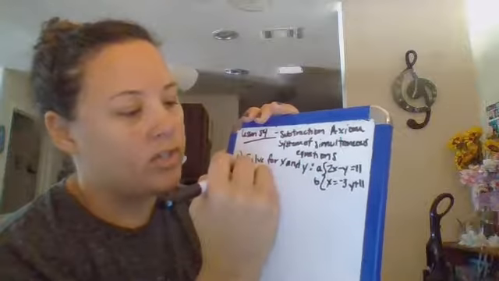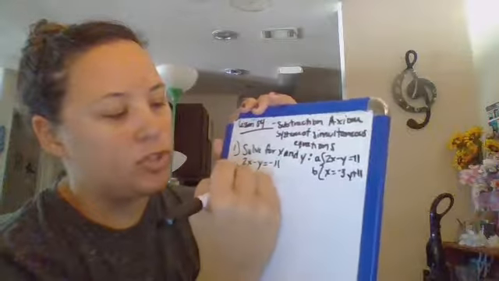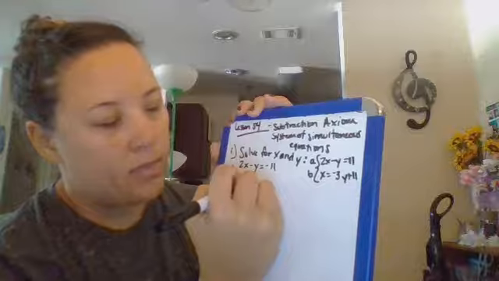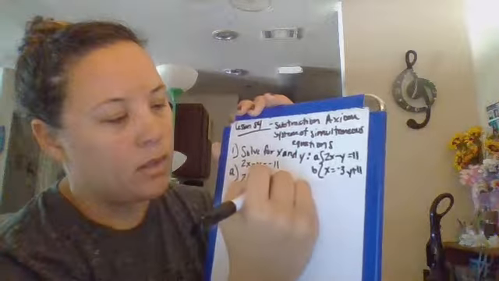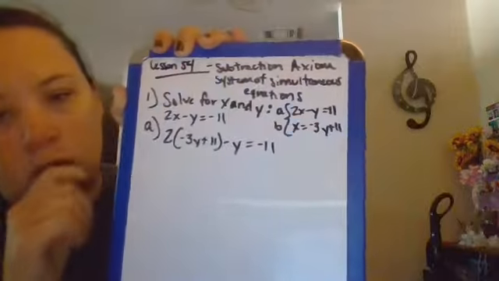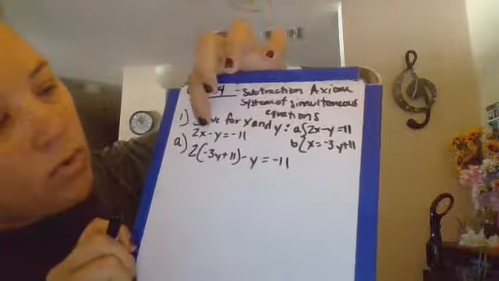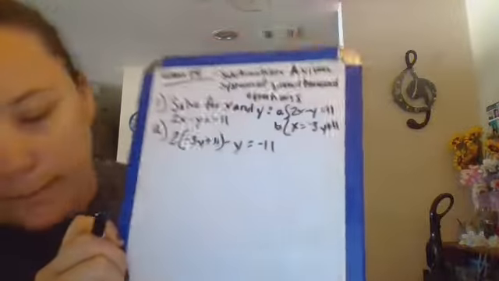So equation A was 2x minus y equals negative 11. So it will become 2 times negative 3y plus 11 minus y equals negative 11. So we substituted in for x equation B because we're trying to find out y.